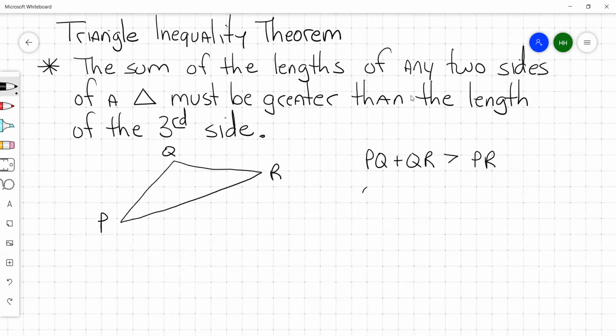QR plus PR must be greater than PQ. And PR plus PQ must be greater than QR. All right, there's rule number one for this section.